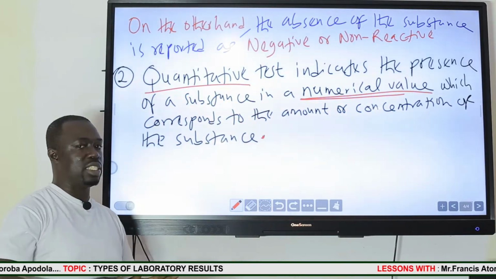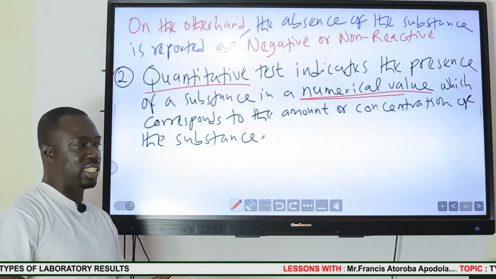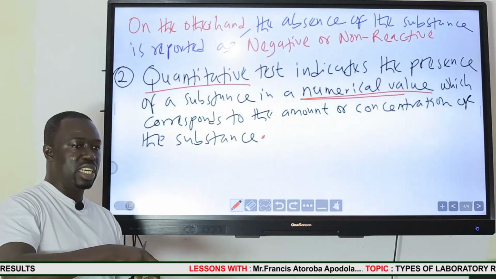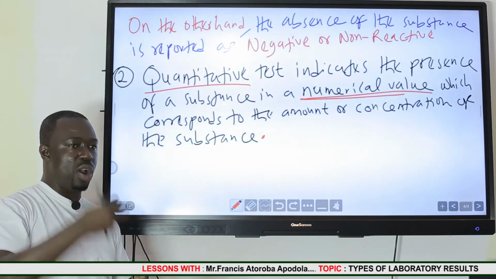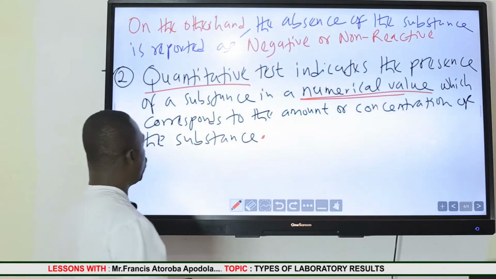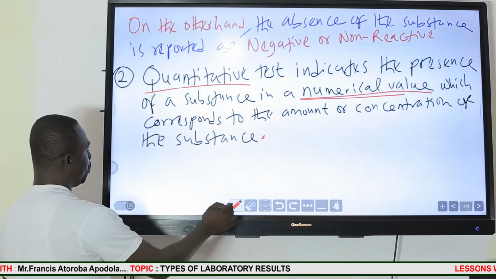But if the substance is present, in what quantity is it present? So when we now want to estimate the amount or the quantity or the concentration of the substance, that will bring us to what? The quantitative result.